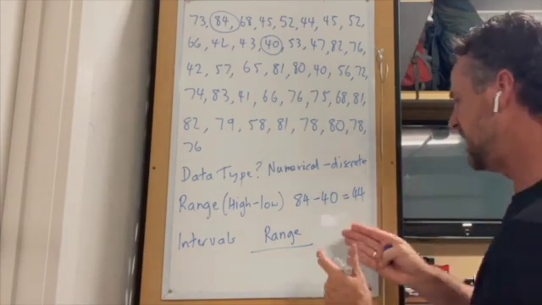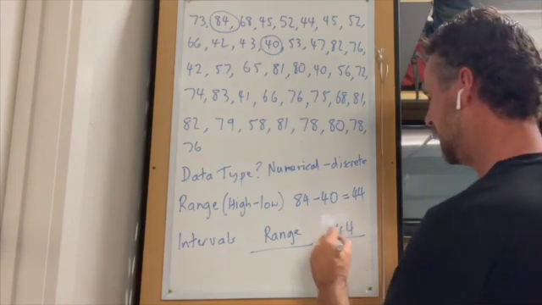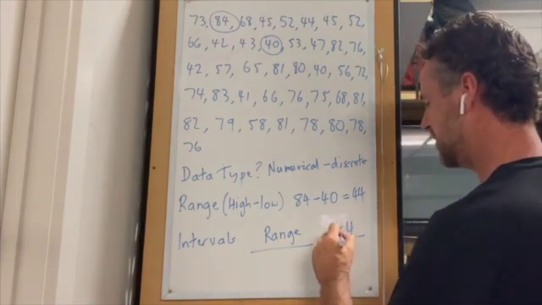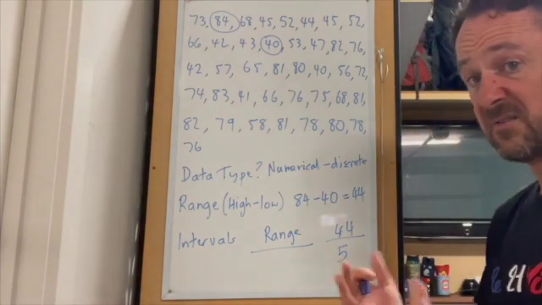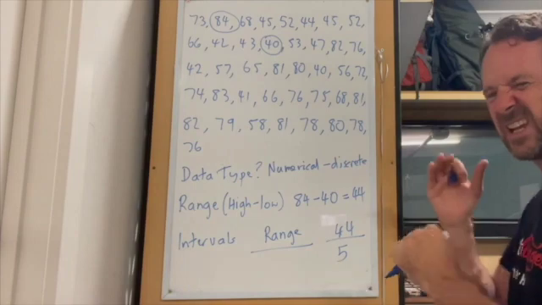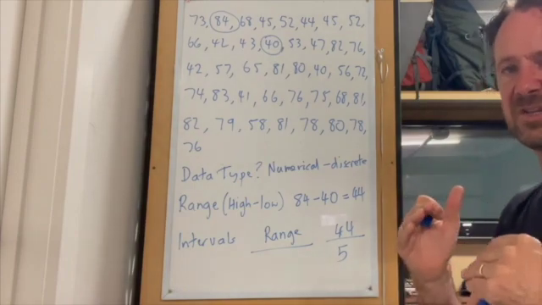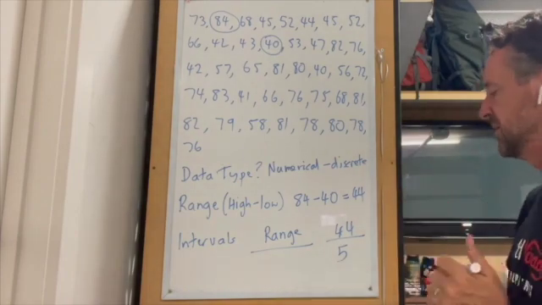In this example, we've got 44, and we want to divide it by 5. I say 5 because 5 eights are 40, 5 nines are 45, and that gives us a number between 0 and 10 that seems appropriate for this group.